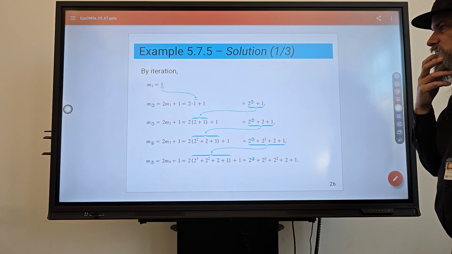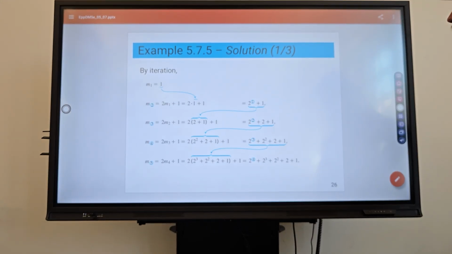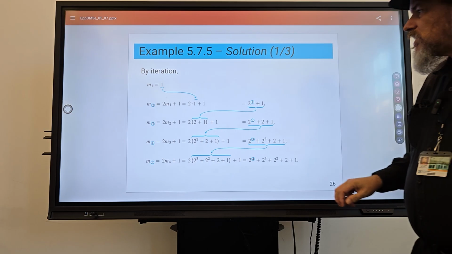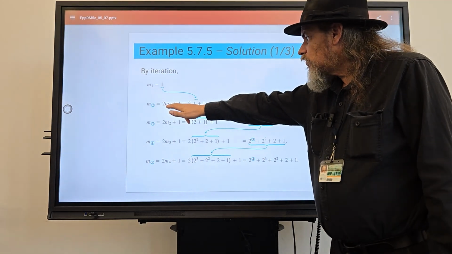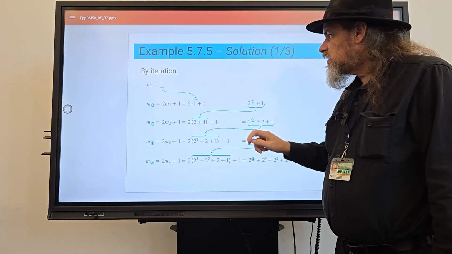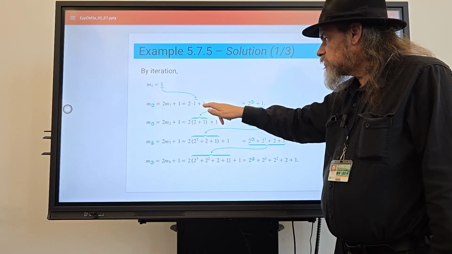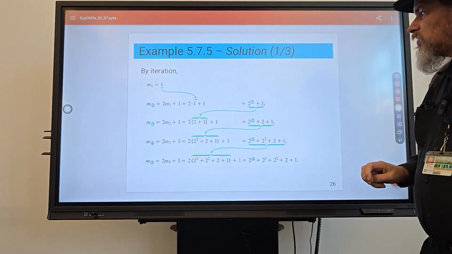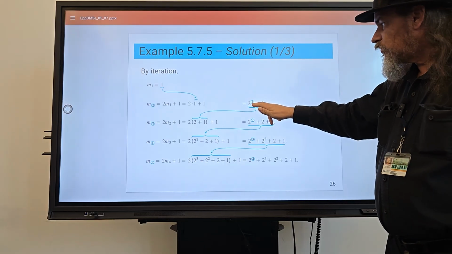By iteration, you have m2 equals 2 times m1 plus 1, which is 2 times 1 plus 1, or 2 to the first plus 1.